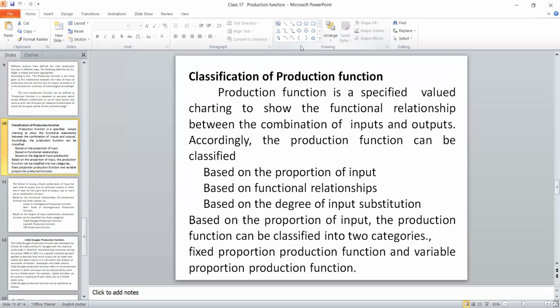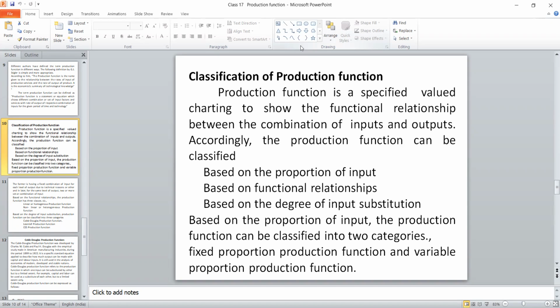Now I am going to classify the types of production function. Last time they asked what the types of production function are. So what you have to do is first say what production is, then define what production function is, and then give the classification. This classification is made in three different ways. One is based on the proportion of input: how much land, how many laborers, what is the level of capital, how is the administrative status.